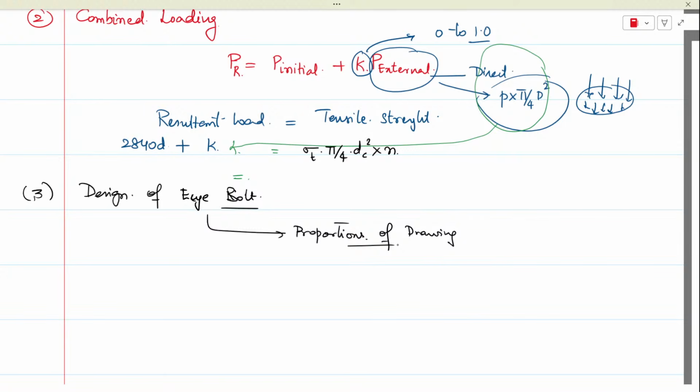Many times they would ask you to sketch, even a nut and bolt assembly. Once again, this is going to test your memory. And the formula is one simple one, that is you will be using tensile strength most of the time.